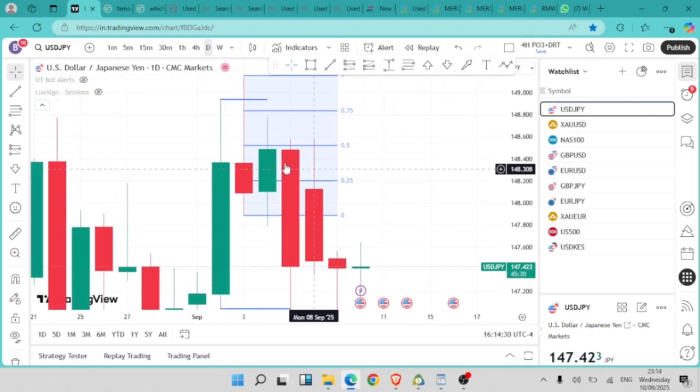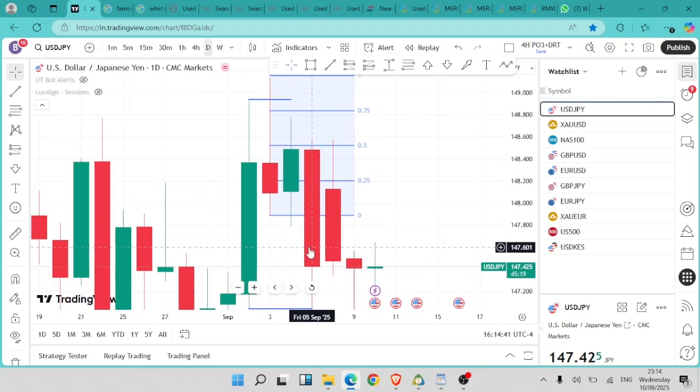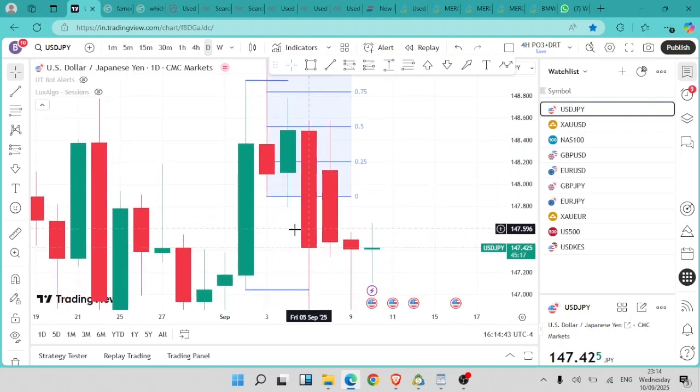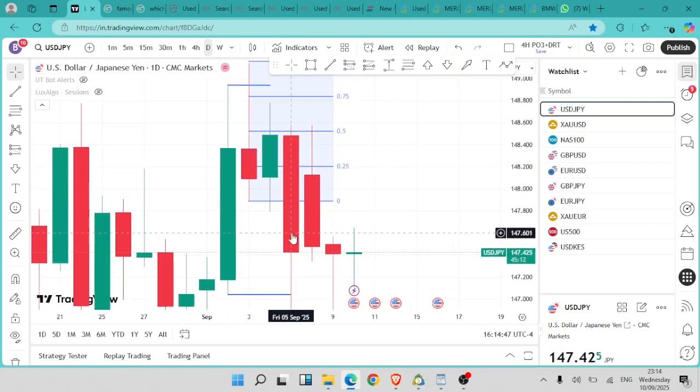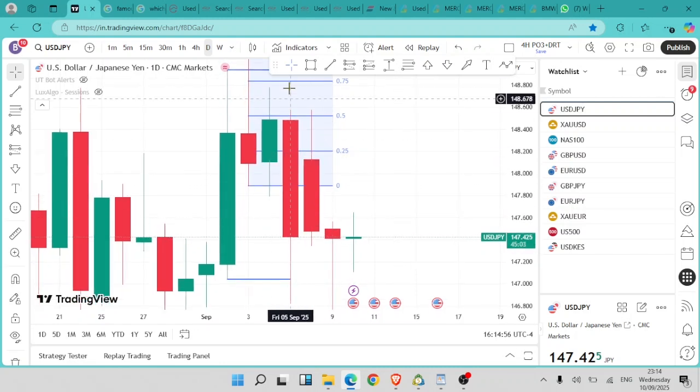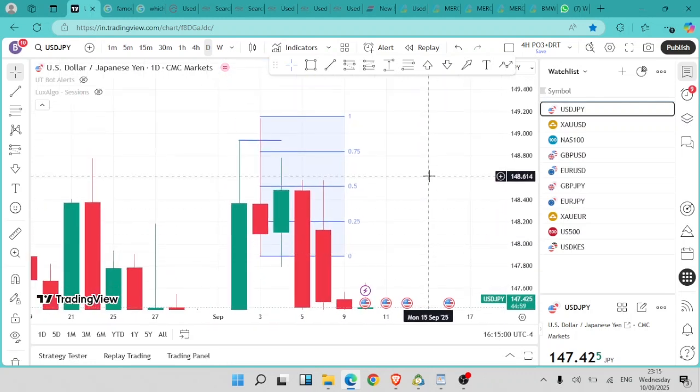Now this is Thursday, and then Friday. On this Friday, which is the first Friday of the month, there was news, and this model goes ahead to show us that when you are on the right side of the market, news, NFP, this was NFP, I think, it should propel price in your direction.